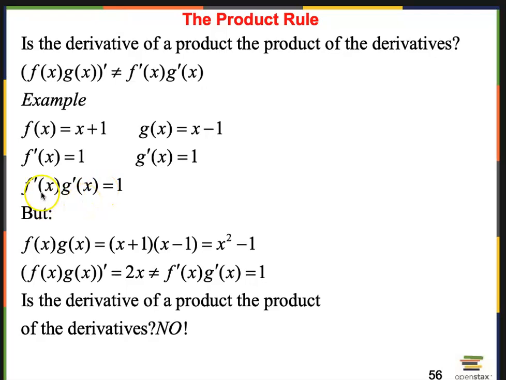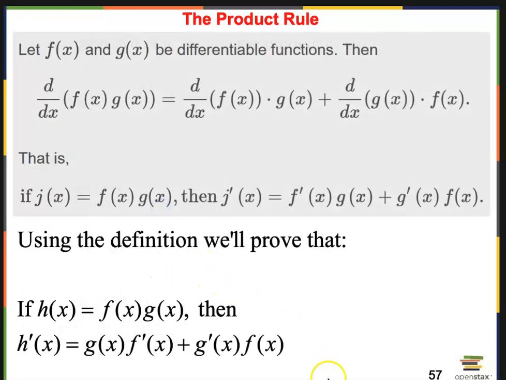F prime of x times g prime of x is 1 times 1. But f of x times g of x, if we multiply these, I get x squared minus 1. And then if I find the derivative of this, it ends up being 2x, which is not the same as the product of the two derivatives.